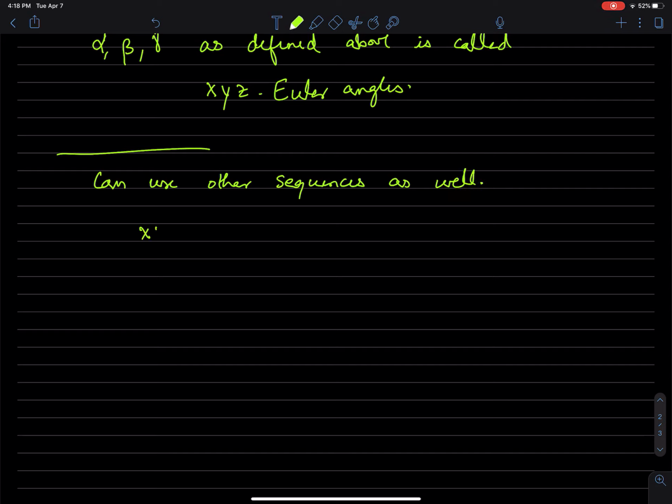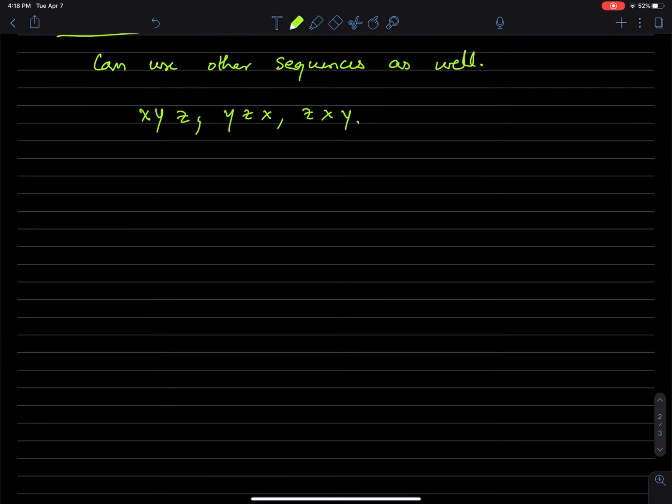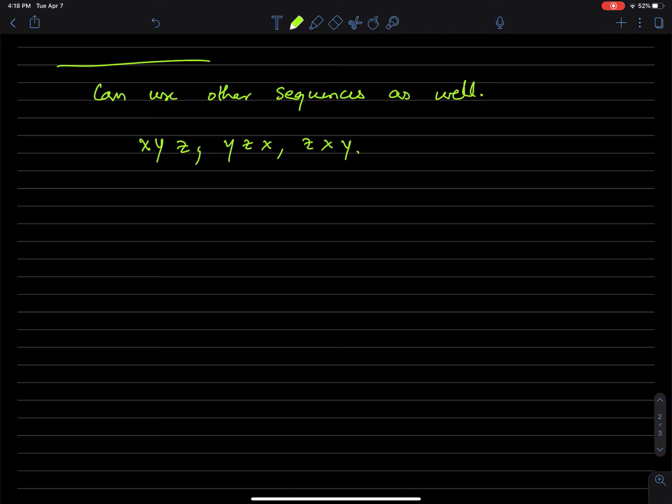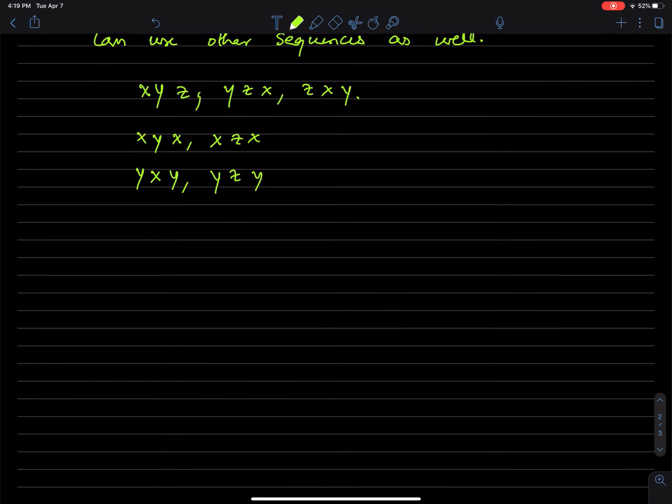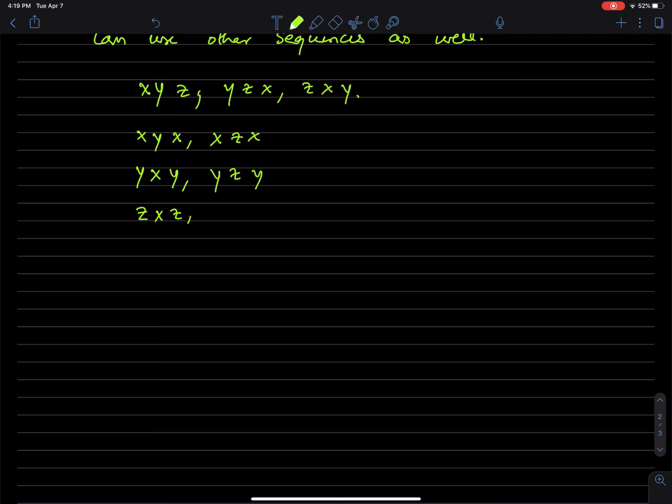So you can use X, Y, Z, which is what we used, Y, Z, X, Z, X, Y. That's one possibility. And then we can go X, Y, X, X, Z, X, Y, X, Y, Y, Z, Y, Z, X, Z, Z, Y, Z. Okay.